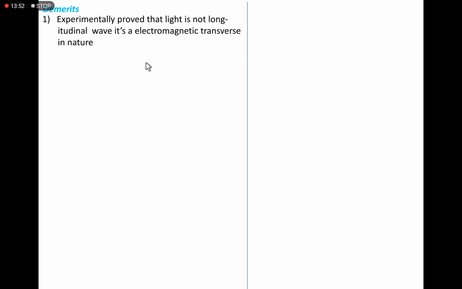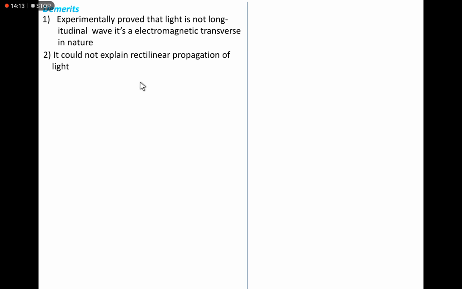This is the drawback. Actually, Huygens considered it a longitudinal wave, and Foucault is the scientist who showed that light is not a longitudinal wave; it is an electromagnetic transverse wave.